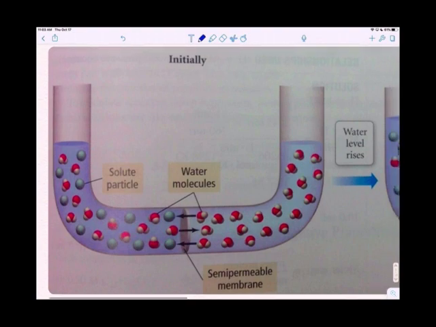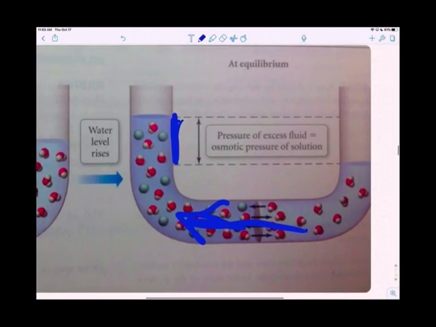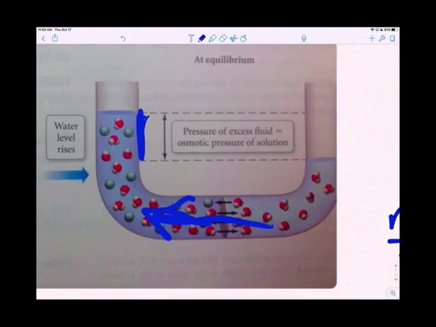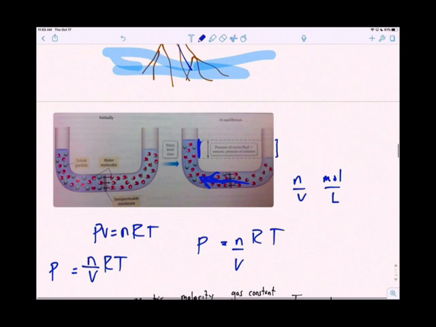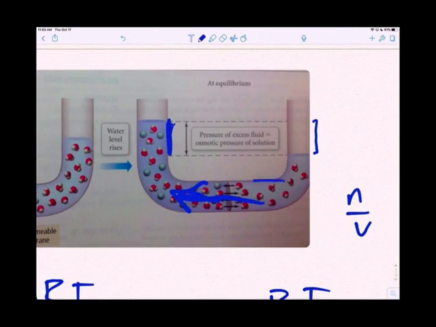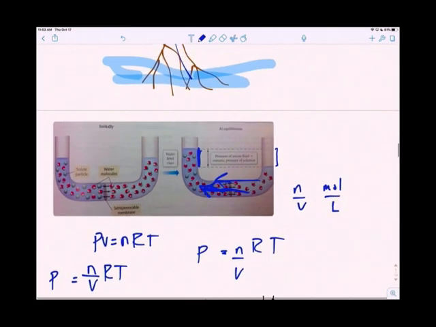And if you add solute, what happens is one end gets higher than the other. And so 33 feet of water or 10 meters of water is the same thing as an atmosphere. So if you measure this height of the solution, you can figure out what the pressure is. And this pressure that goes this way is known as the osmotic pressure.